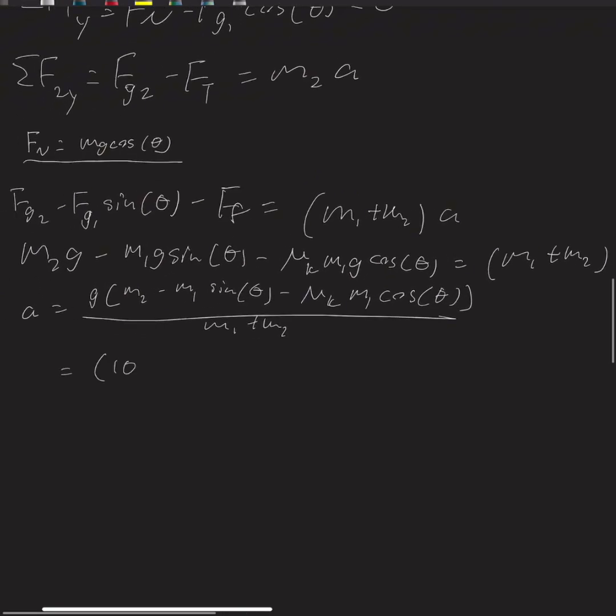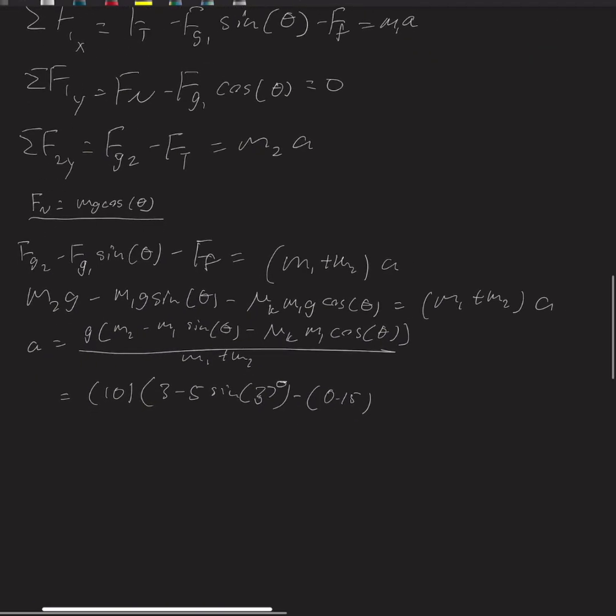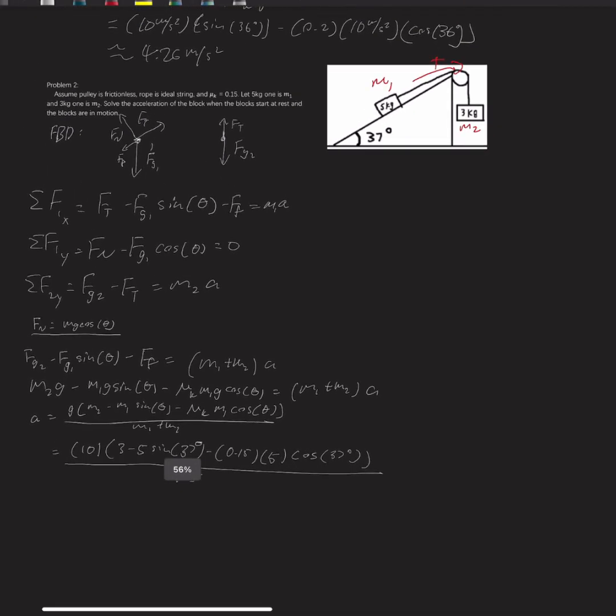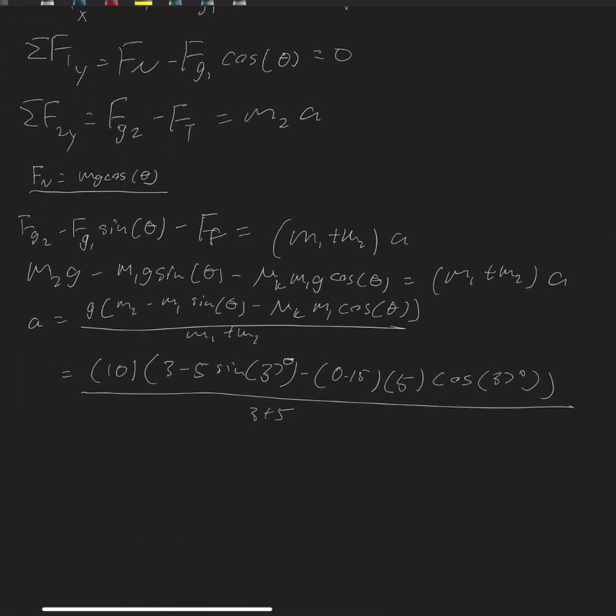That's equal to 10 times 3 minus 5 sine of 37 degrees minus 0.15 times 5 times cosine 37 degrees over 3 plus 5, actually it should be 5 plus 3, which is approximately equal to negative 0.76 meters per second squared.